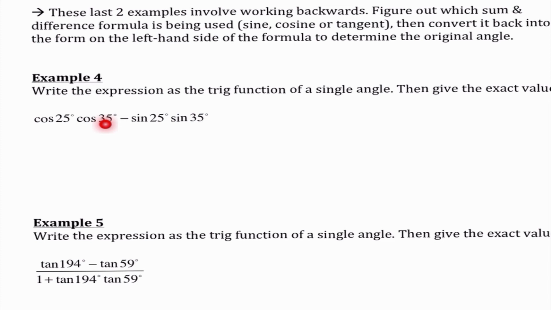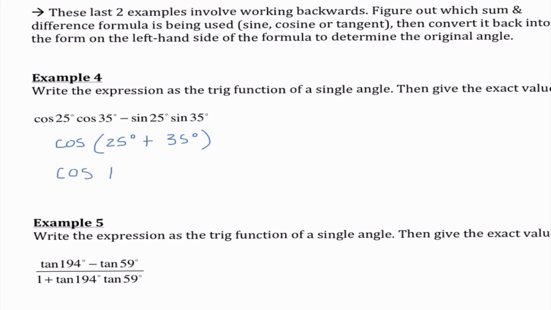I know cosine, cosine, sine, sine is our cosine value. Okay, that's our cosine formula. And remember, we saw in our formulas that this first trig function always signaled what formula it actually was. 25 and 35 are our two angles, and I know that I need to do the opposite of whatever is inside there because cosine had that minus plus.